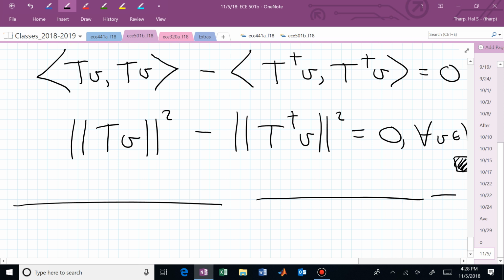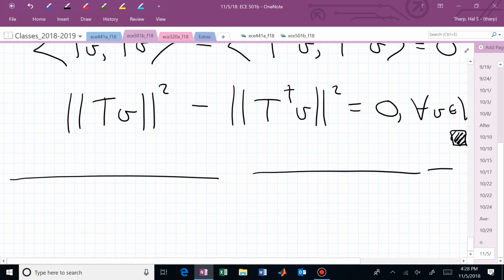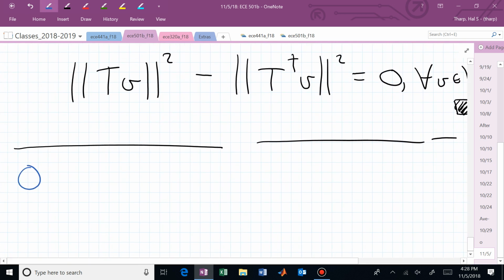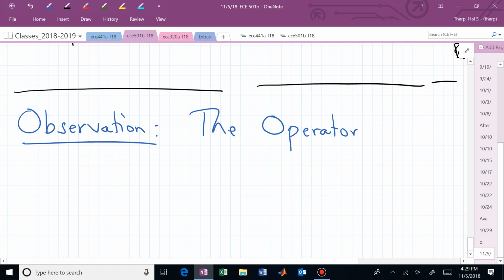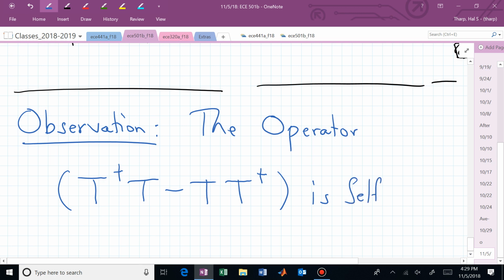We looked at one of those operators, so let's now just make an observation, or in the process of working through that proof, the operator T dagger T minus T dagger is self-adjoint.